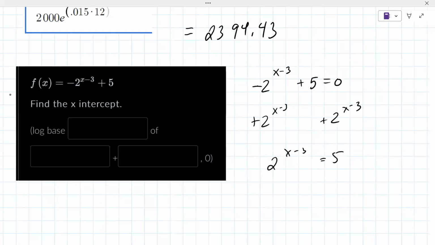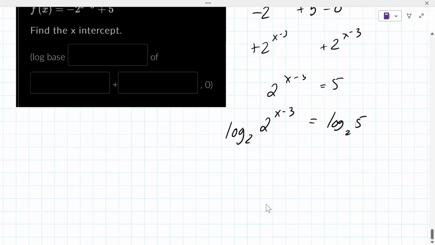Then you would take the log of both sides. You'd end up taking the log base 2 of 2 to the x minus 3 equals log base 2 of 5. Have you seen that in class? Yeah. Okay, so on the left, it undoes the log, undoes the exponent, so it becomes just x minus 3 equals log base 2 of 5, and then you add 3 to both sides.